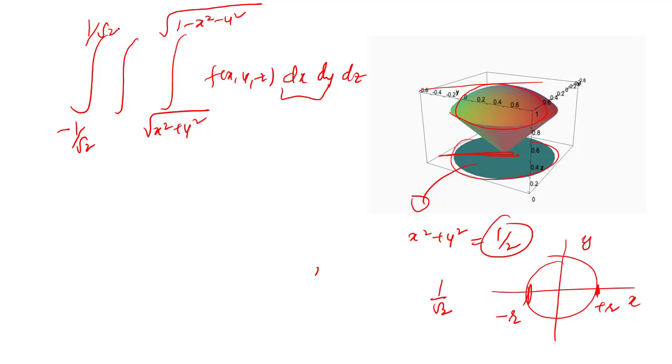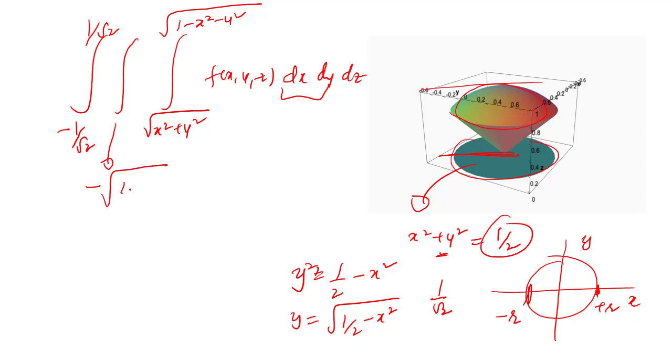And then y would accordingly go from, y squared is equal to 1 over 2 minus x squared. So for y, when x is minus 1 by root 2, we have the limit minus the square root of half minus x squared. And at the top, we have plus the square root of half minus x squared, right?